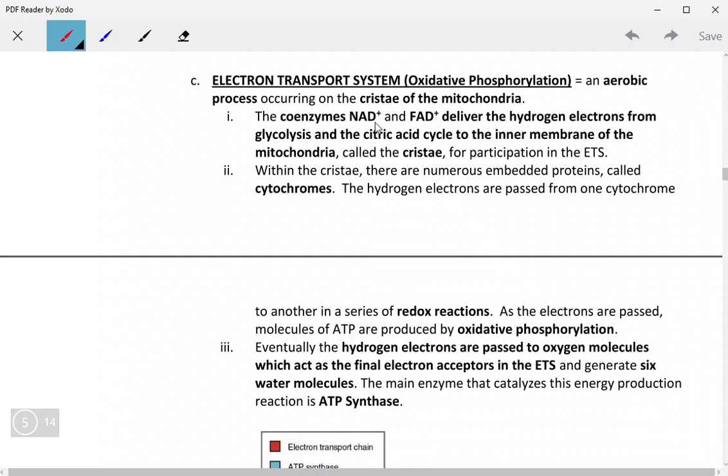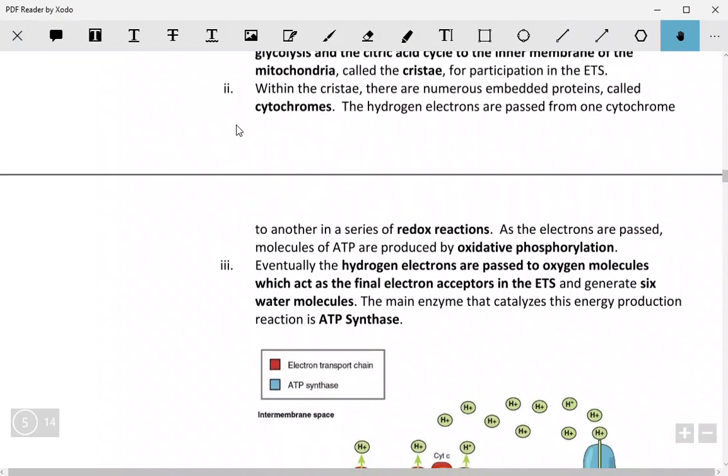So what we're going to see here is these coenzymes are going to deliver their hydrogen electrons to the electron transport system. Are you following? They're going to deliver it to the inner membrane, that cristae of the mitochondria. And this is how they're going to participate in the electron transport system. Okay? So remember this.